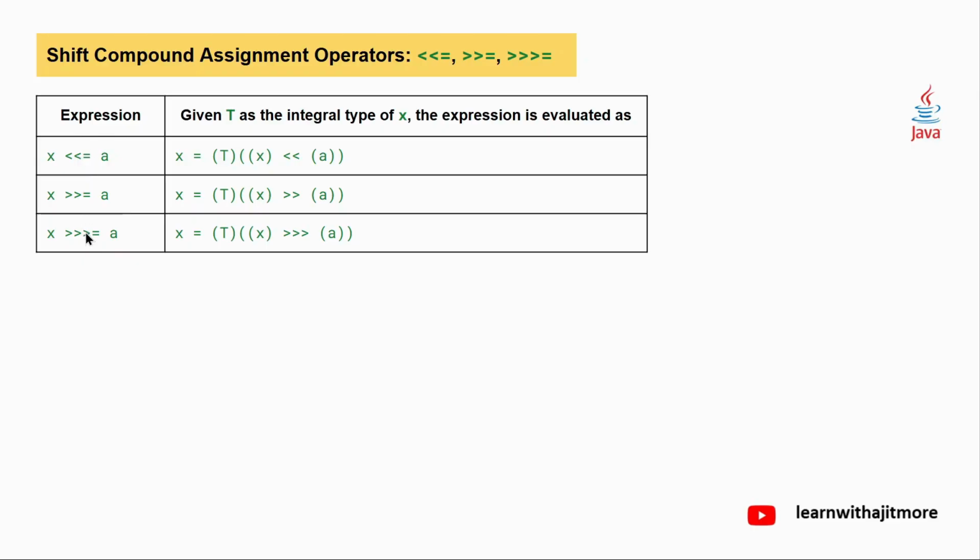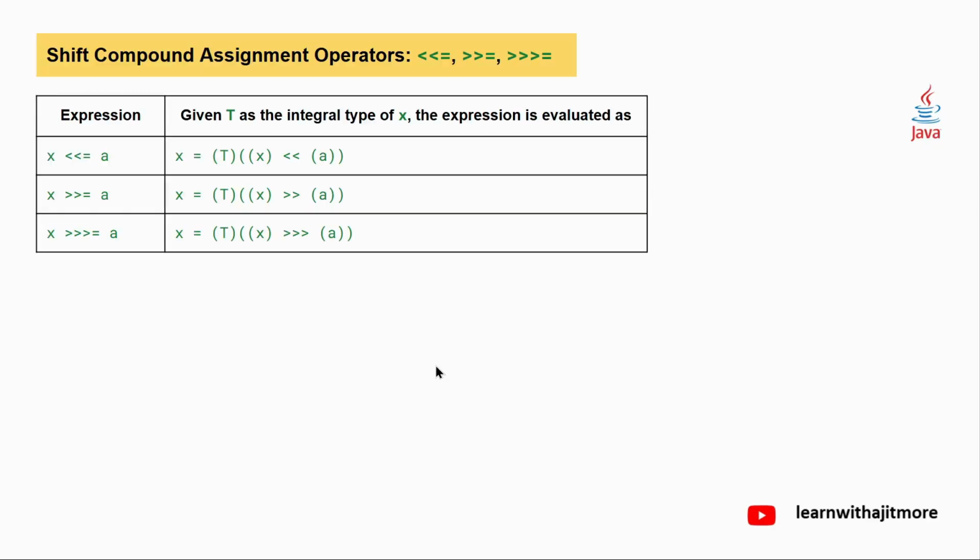The speciality is that after doing the shifting, the result is cast to the X data type. See here, it is written that T is the data type of X. It will shift X left or right, sign fill or zero fill, and the result is cast to T, where T is the data type of X. Okay, hope it is clear.